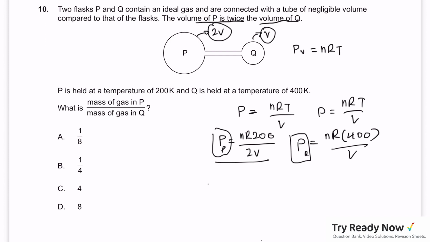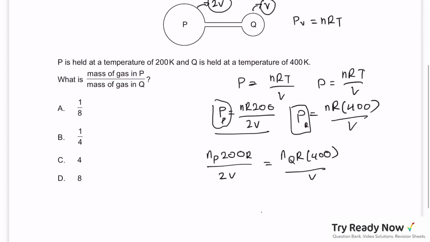So N, I'm going to add a P here, so NP, so we know which flask we're talking about, over 2V is equal to N, this is Q, R, sorry, missed out an R here, times 400 over V.